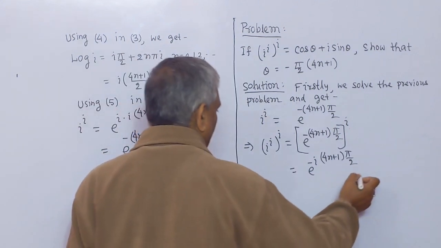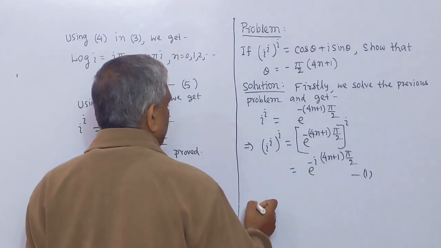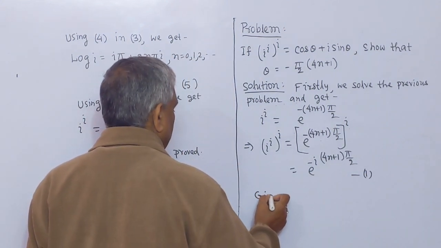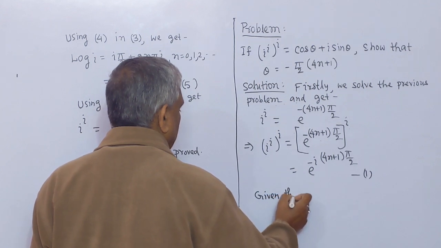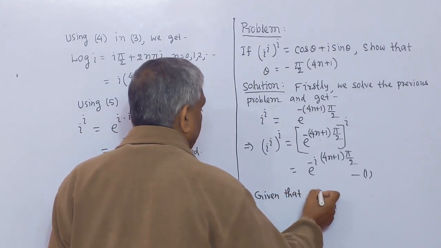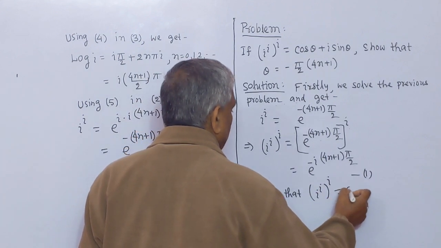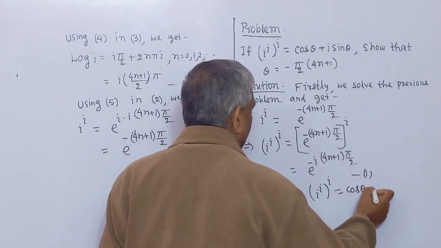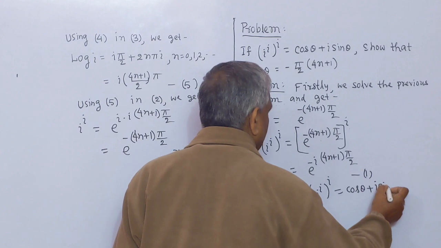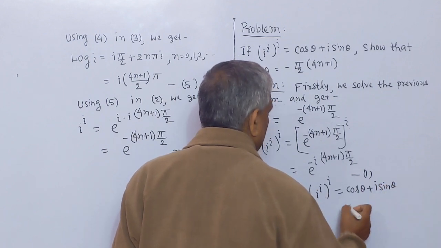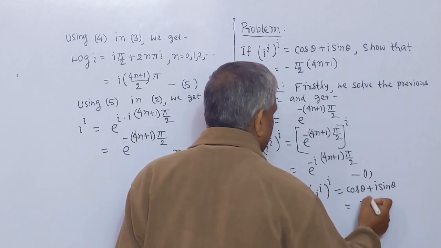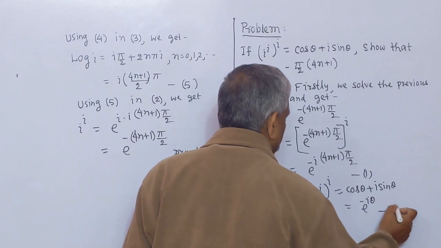Let this be number 1. Here, given that i to the power i whole to the power i equal to cos theta plus i sin theta, this equals e to the power i theta. This is number 2.